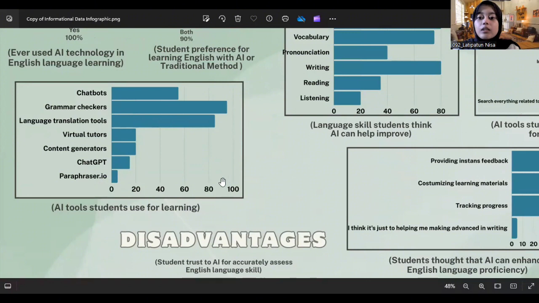The most used AI tool by the students is grammar checkers with 95%, followed by language translation tools, which is 85%, followed by chatbots, 75%, and the least used AI tool for learning is paraphraser.io, which is only 10% of the students use it for their English learning.